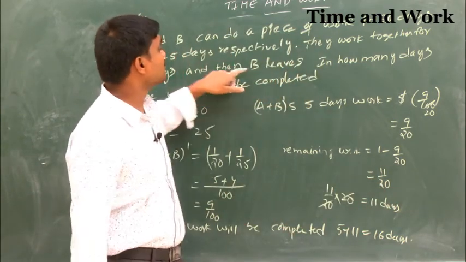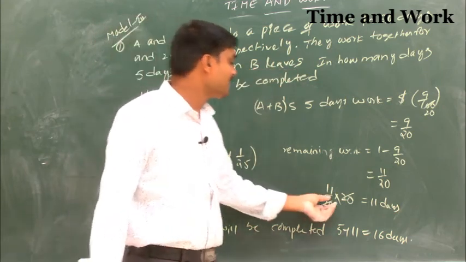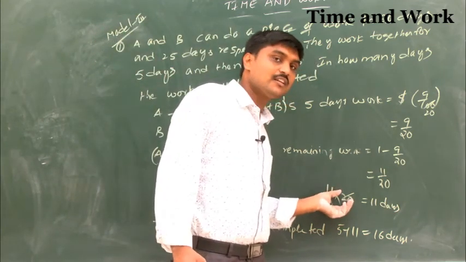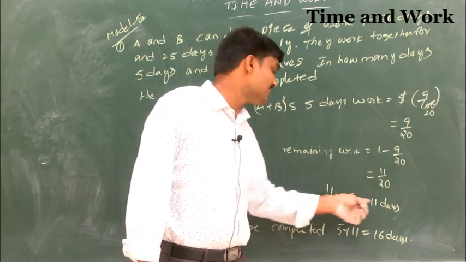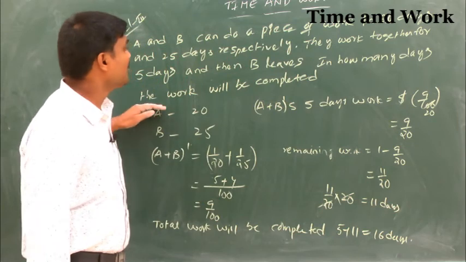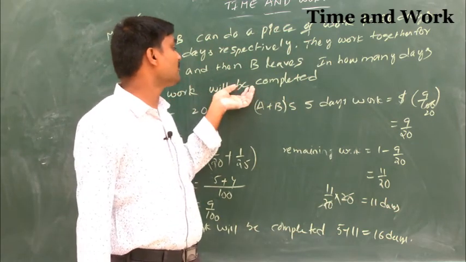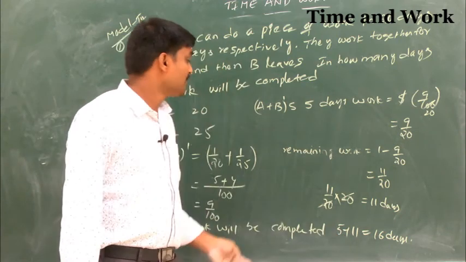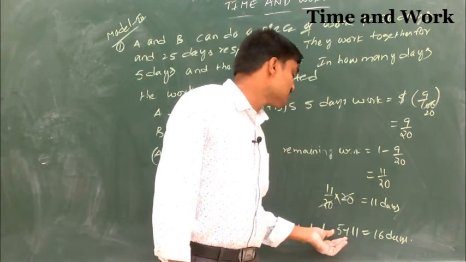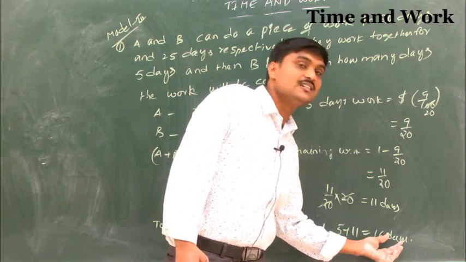A will do, because B leaves. A's capacity is 20 days, and the work is 11 by 20 part, so the 20s cancel and it is 11 days. But you are asking in how many days the total work will be completed. So A plus B in 5 days, then A only 11 days. So 5 plus 11, that is 16 days.